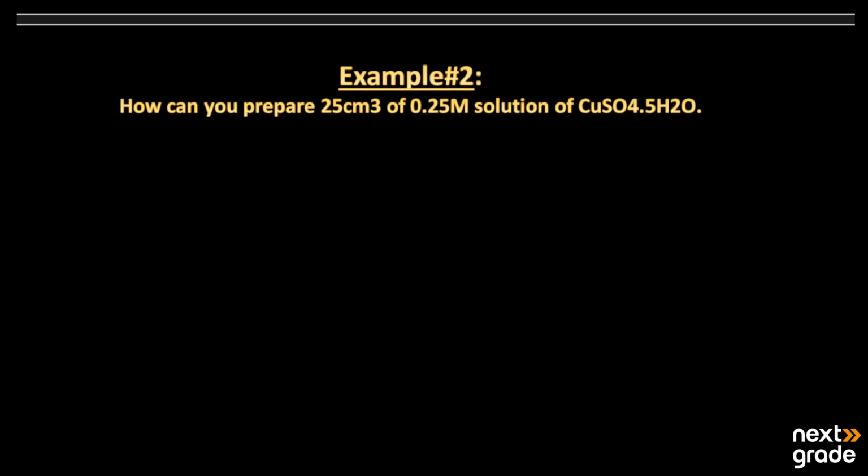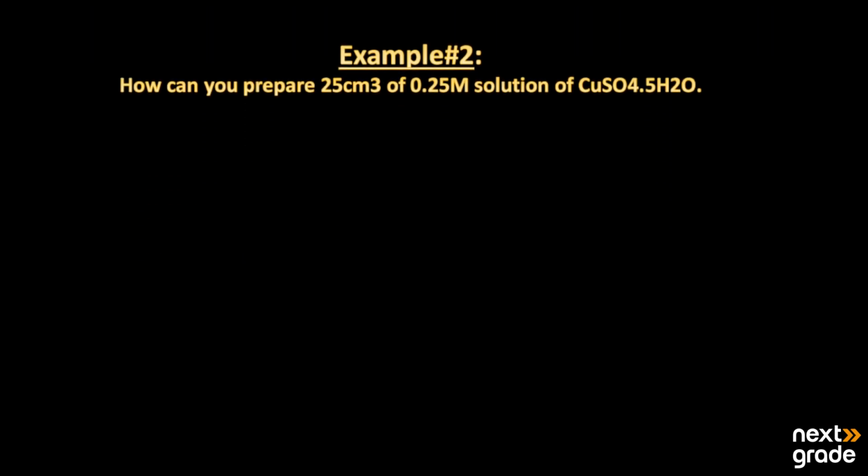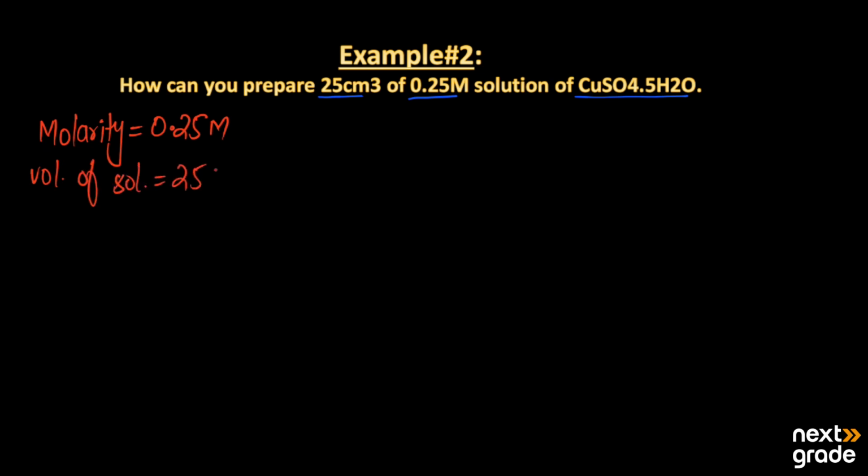Let's have another example for your better understanding. If we want to prepare 25 cm³ of 0.25 molar copper sulfate, again the same method we will use. The given data: the molarity is 0.25, and the volume of solution is 25 cm³.